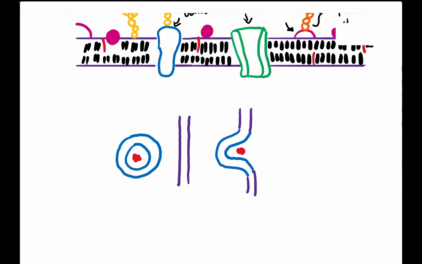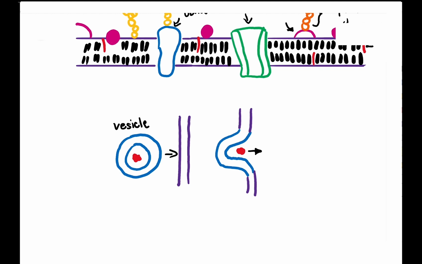So in this example, let's say you have a protein that needs to be sent out of the cell, and we have it inside a vesicle. And so a vesicle has the same structure as your cell membrane, your phospholipid bilayer. And so what occurs is your cell membrane fuses with the vesicle. So as it moves towards the cell membrane, it fuses with the vesicle and allows this molecule to enter or leave the cell.